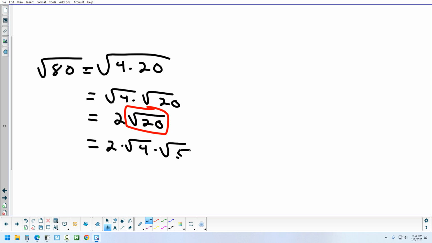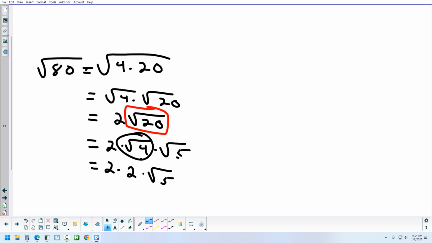So what I did here is I broke it up the first time, simplified it. Now I'm breaking 20 up a second time, and I'm going to simplify it. This part simplifies. What's the square root of 4? 2. Yep. So we've got that 2 in front. We got another 2 from what's circled right there.